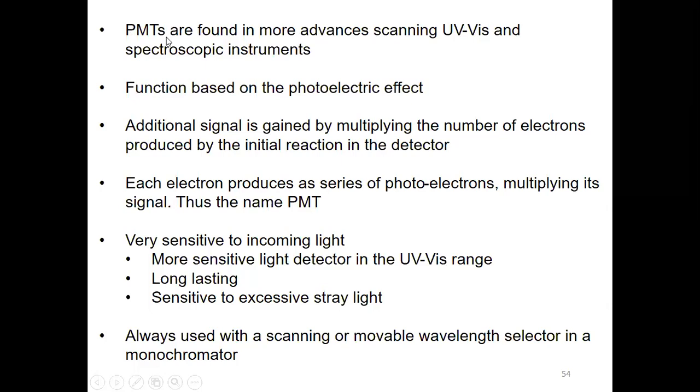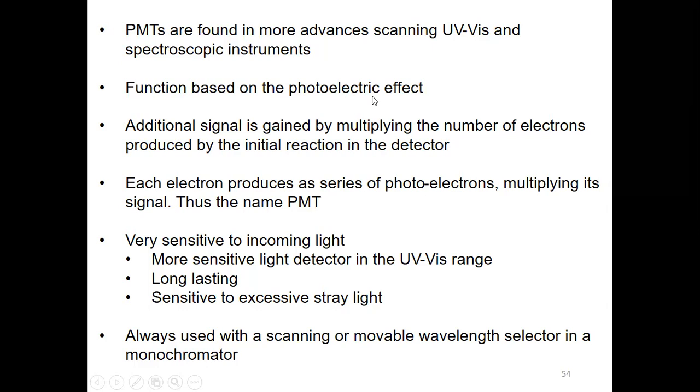And PMTs, or photomultiplier tubes, are found in more advanced scanning UV and spectroscopic instruments. So I told you, in most of the scanning UV-visible instruments, you will see these PMTs as the photon transducer. And the function is based on the photoelectric effect.